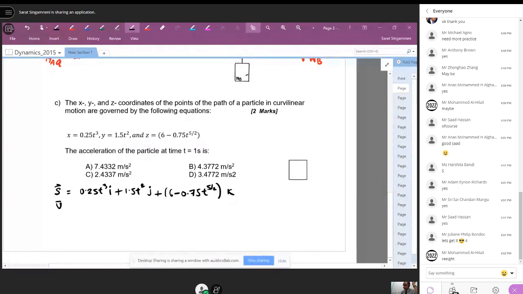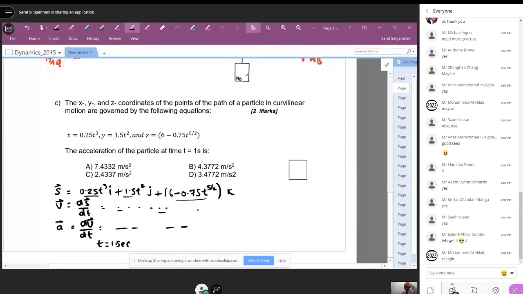First, find velocity as ds over dt. Just differentiate these t parts and write the vector. Then acceleration is dv over dt. Again, differentiate the t part of each, and you will get another vector. That is the acceleration vector. In that, wherever t is, substitute t equal to 1 second.